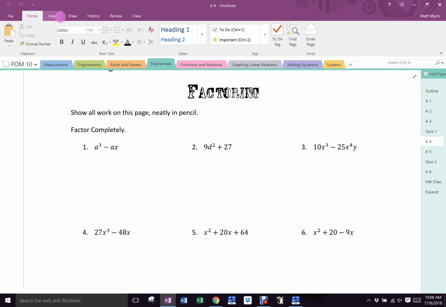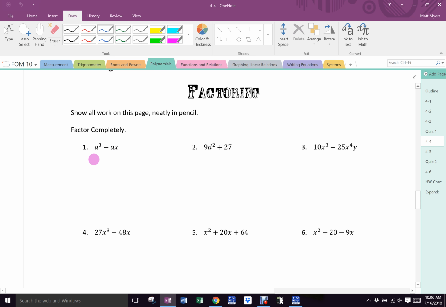What's the first one? Everything's worth 1 mark. What's coming out? A. What's staying in? A squared minus x. Done. What's coming out? 9. What's staying in? D squared plus 3. What's coming out? 5x cubed. What's staying in? 2 minus 5xy.